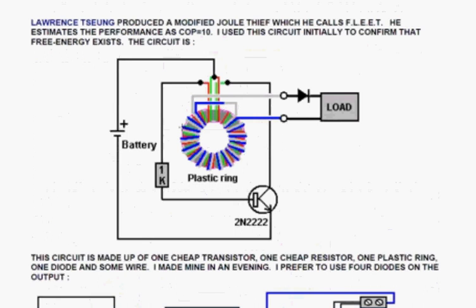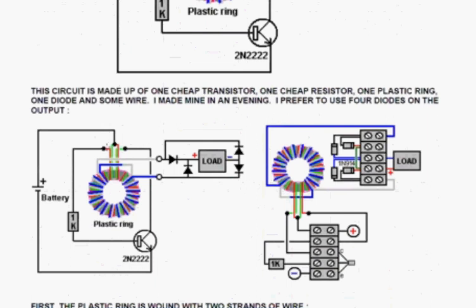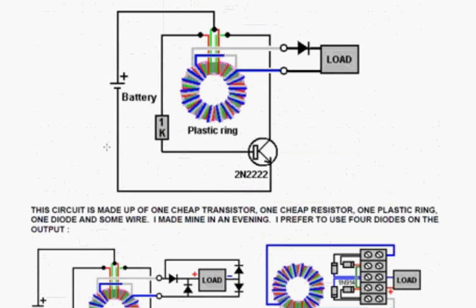The system is very careful to avoid taking power off the collector of the transistor. If you take power off the collector of the transistor, it takes current from the battery. If you don't want to take current from the battery, which you usually don't, then ideally what you want to do is take the output power from a second winding around your toroid.